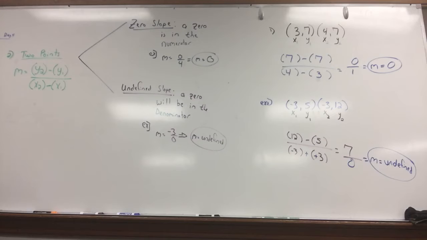Instead of giving it a numerical value, you literally just write the word undefined. If you leave it as 7 divided by 0, I will not count that correct because that is not the slope. The slope is undefined. There is no numerical value when we divide by 0. Does everybody understand that?